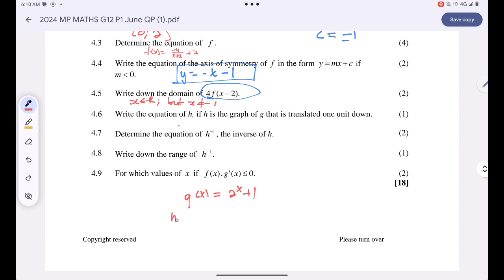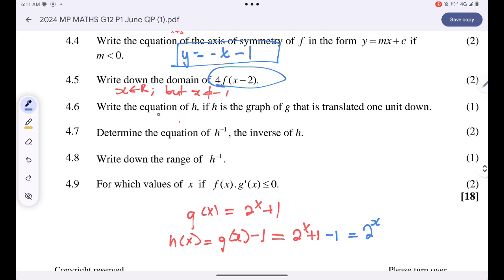But they are telling us that for us to find h of x, we must just translate g of x 1 unit down. That means I must say g of x minus 1. Are you together? So whenever I do that, I'll simply get 2 to the power x plus 1, and there's this minus 1 from the transformation. And then the final answer will simply be 2 to the power x, because these ones will just subtract one another. So h of x is basically 2 to the power x.